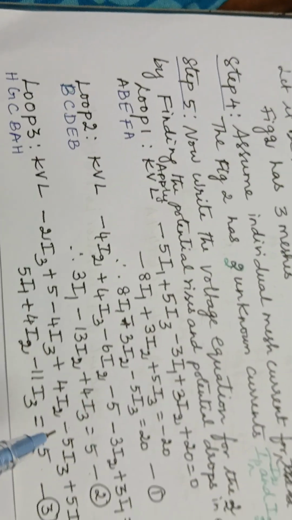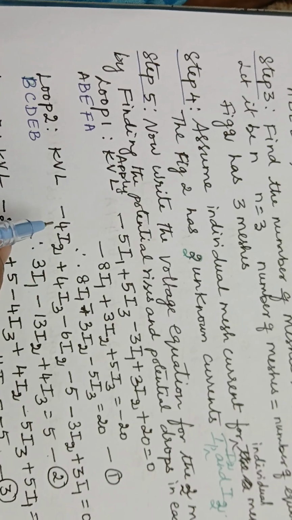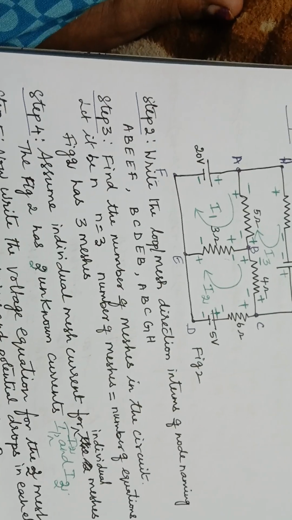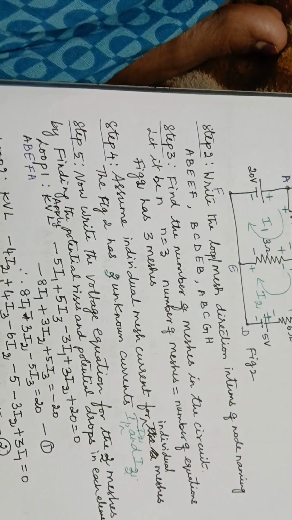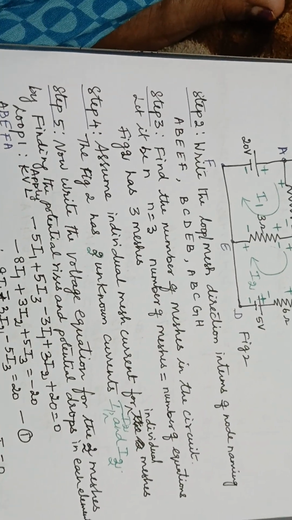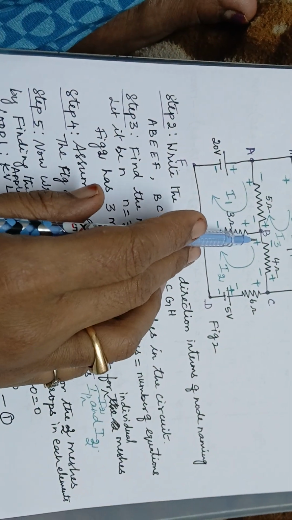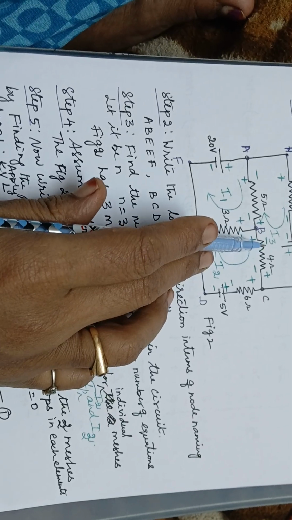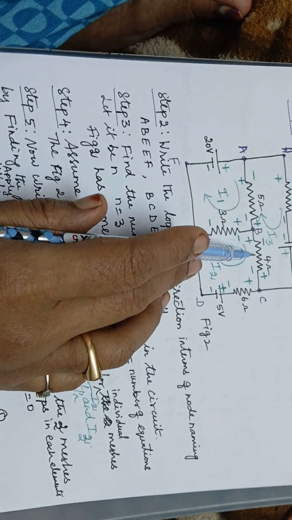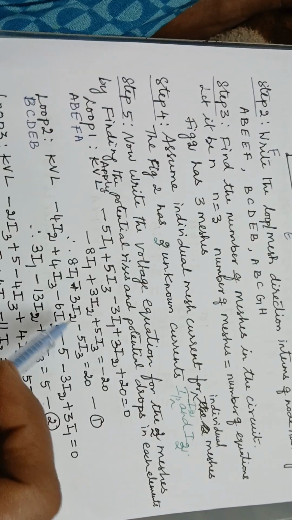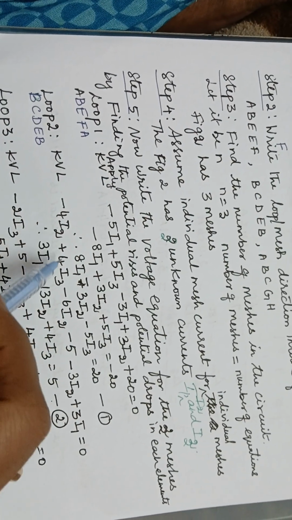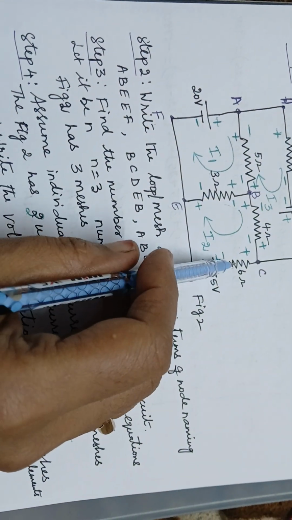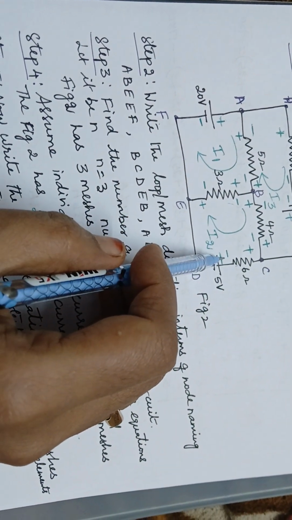So the equation becomes 4 into I2 minus 4 into I3, then minus 6 into I2, since here it is 6 into I2.